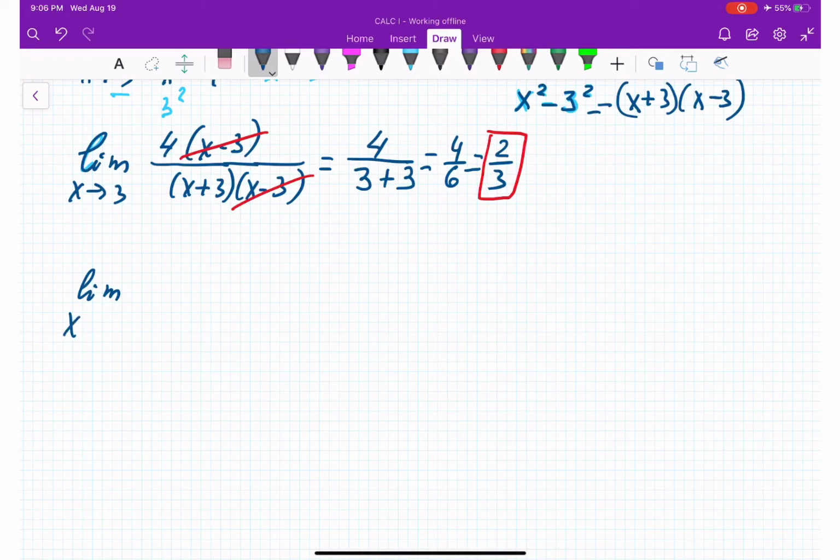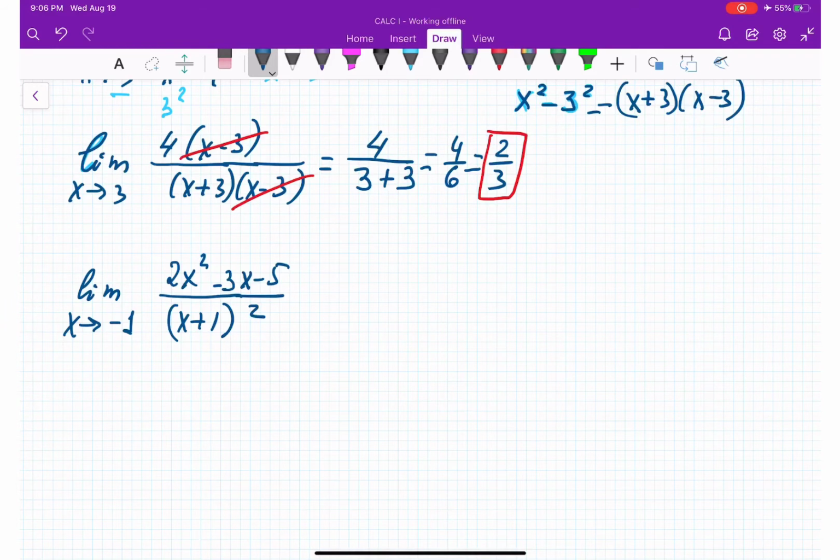Limit x approaches to negative 1 of 2x squared minus 3x minus 5 over x plus 1 squared.